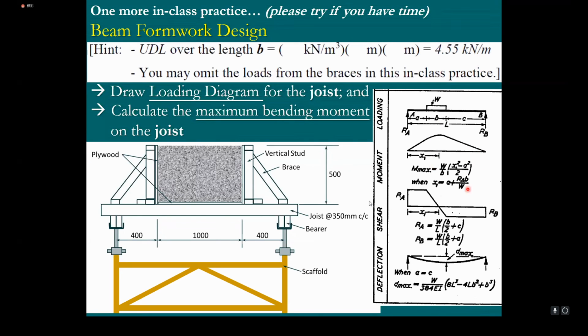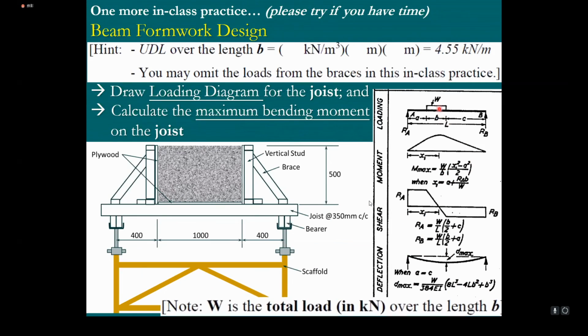And then you can refer to the formula to calculate the maximum bending moment. But when you apply the formula, you may notice that this capital W, the unit is in kilonewton instead of kilonewton per meter.